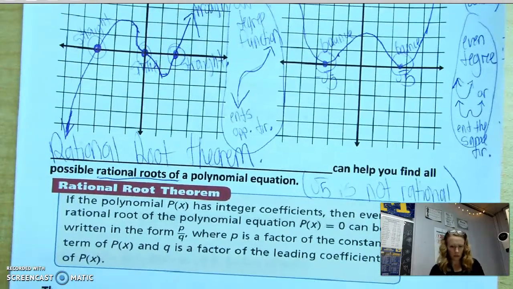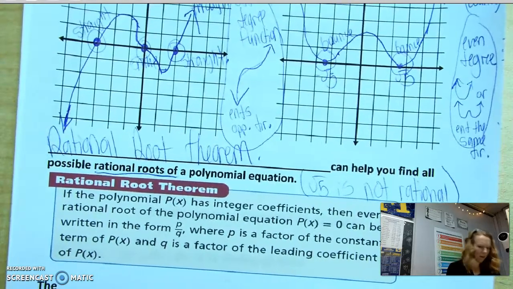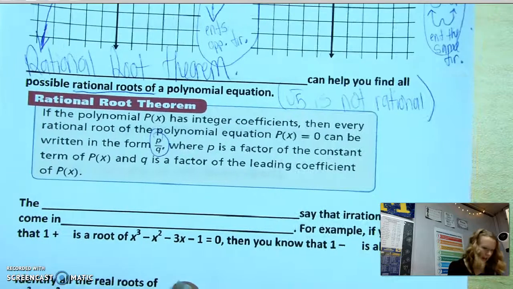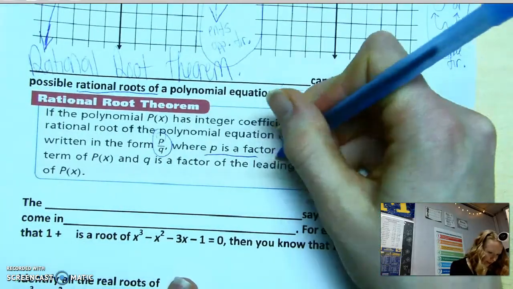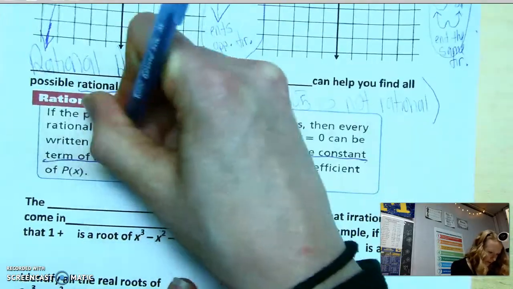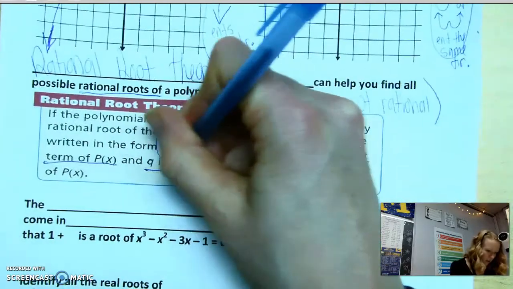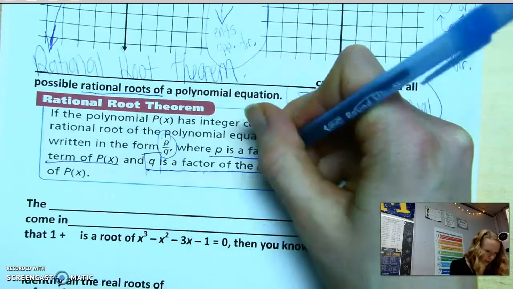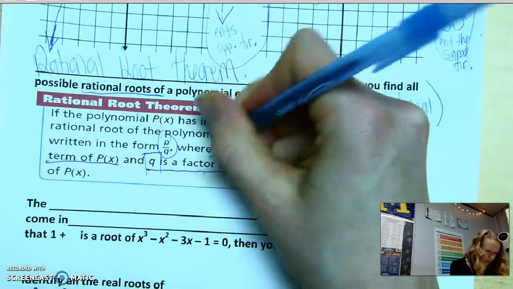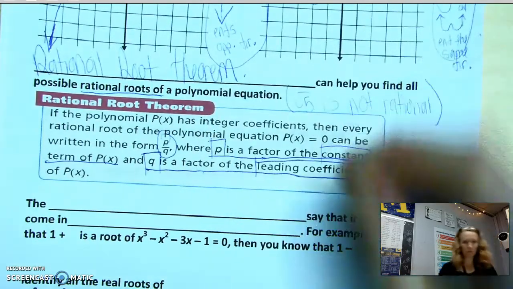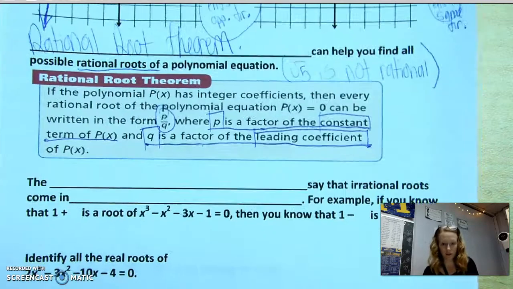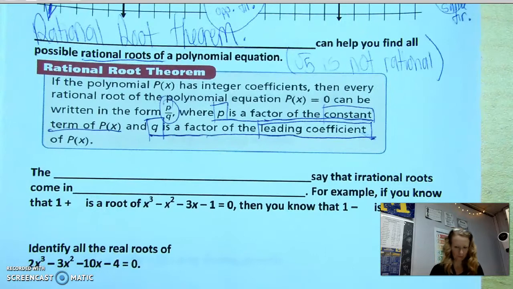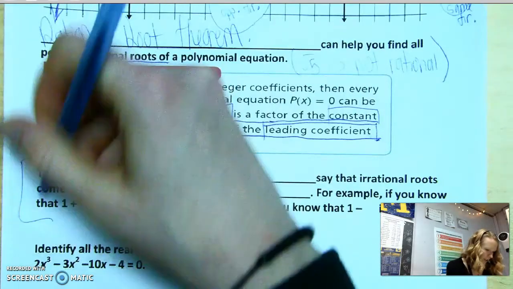So here is our rule. You can come up with all rational roots of our function if we know if p is a factor of the constant term of p of x and q is a factor of the leading coefficient. So q is the leading coefficient and p is the constant. And we can find that ratio of p's to q's. We'll get back to the irrationals later.